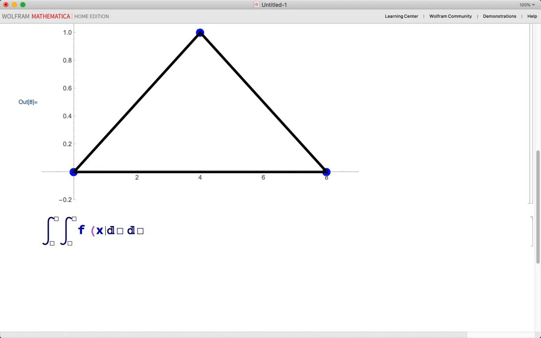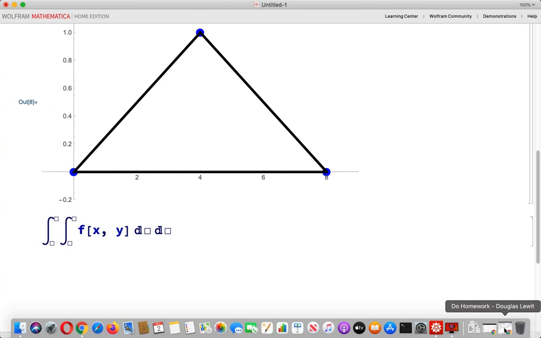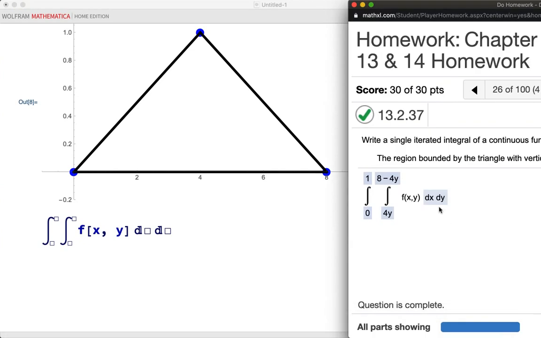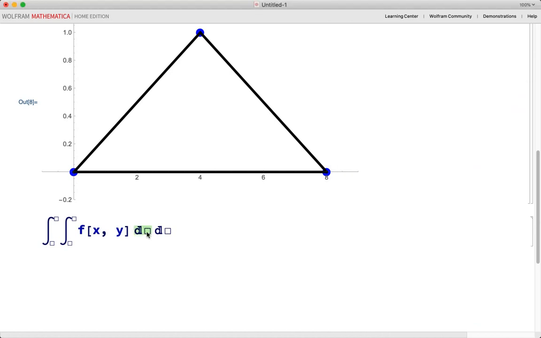F of x and y, actually, let's use Mathematica notation. So here they did dx dy. I'm going to reverse that and do dy dx, plus, I'm going to copy and paste. Let me try this one more time.